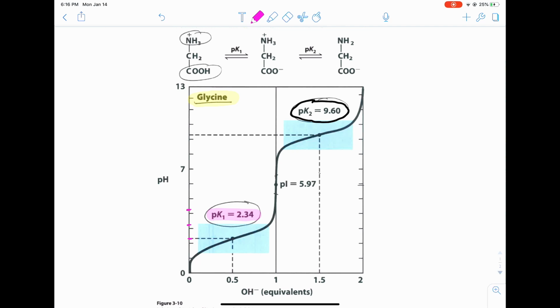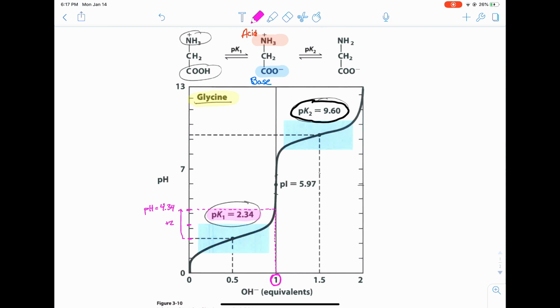If we were to go 2 pH units away from it, we see that the species now has almost entirely one equivalent of base. Looking at the above illustrations, we also see that one full equivalent of base means that COOH has now become its basic form, which is COO minus, while the amine group is still in its acidic form.